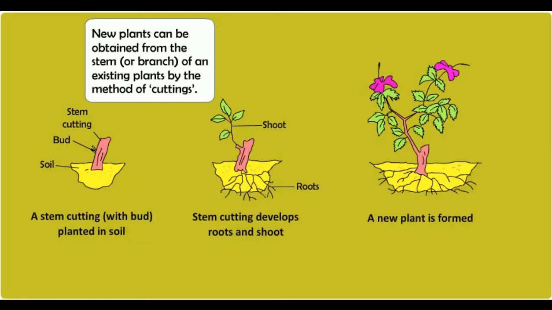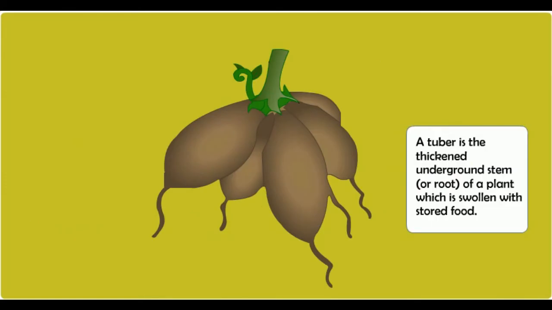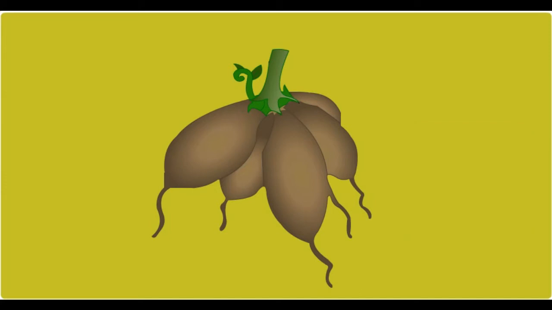Vegetative propagation by stems. New plants can be obtained from the stem or branch of an existing plant by the method of cuttings. Money plant can also be grown by the cutting method of vegetative propagation. A tuber is the thickened underground stem or root of a plant which is swollen with stored food. There are two types of tubers, stem tubers and root tubers.